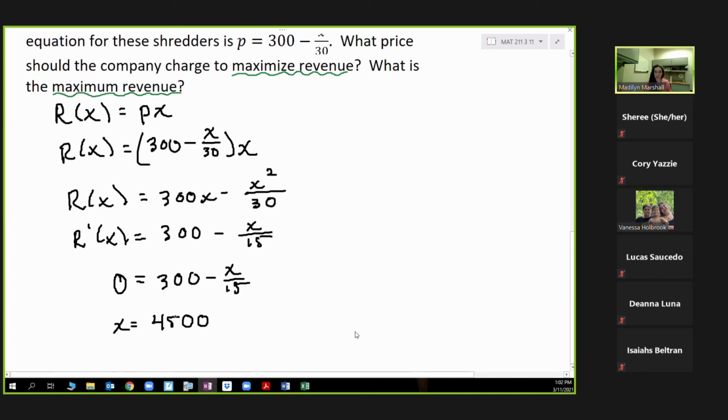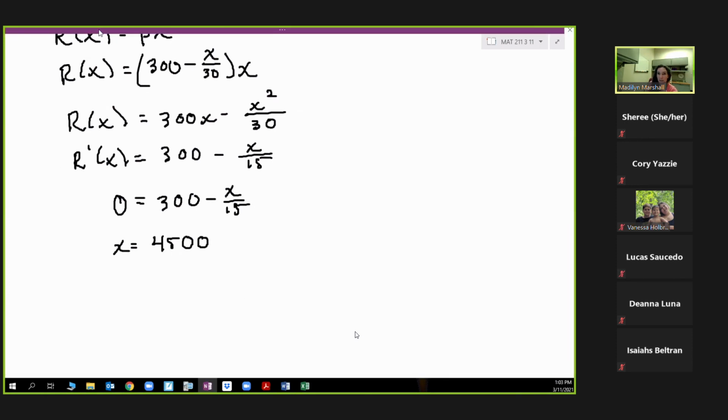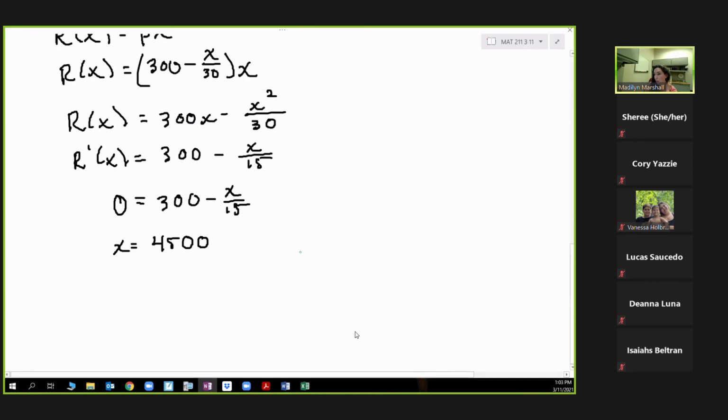Not quite. The derivative? Not quite. I'm gonna do the sign chart. Yes, so we have 2 choices. So from our 4.1 stuff, we would make a sign chart to see if it's increasing or decreasing on either of these sides to see if it's a maximum or minimum or neither.